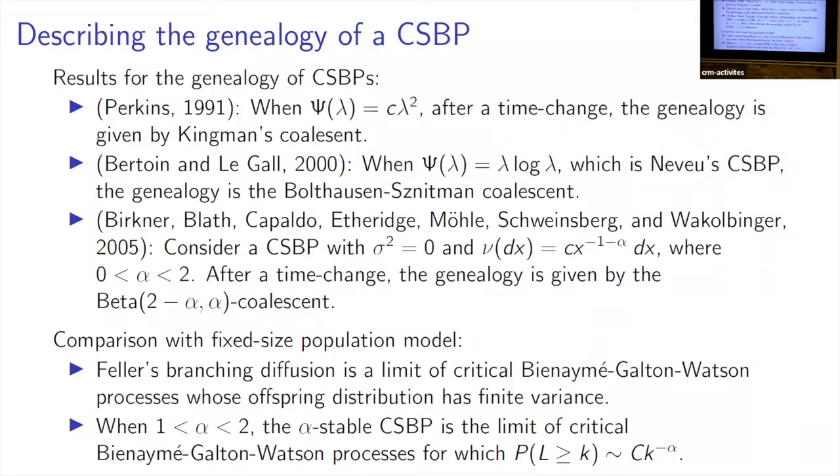And Kingman's coalescent described the genealogy of Feller's branching diffusion, just as it did in the previous model in the case when the offspring distribution had finite variance. Also, when alpha is between 1 and 2, the alpha-stable continuous state branching process is what we get when we take a limit of critical Bienaymé-Galton-Watson processes whose offspring distribution has this tail behavior. And so it shouldn't be surprising that the beta coalescent describes the genealogy in both cases.